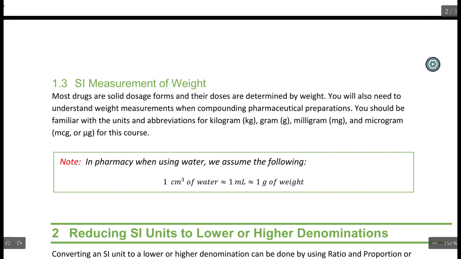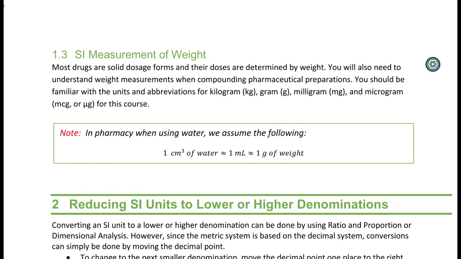So in pharmacy, right, there is one other concept that we are going to use with that mLs and cc's. We are going to say that 1 ml of water, this is only for water, 1 ml of water is approximately equal to 1 cubic centimeter of water, 1 cc, which is also equal to 1 gram in terms of its weight. So it's 1 cc, 1 ml, 1 gram when we talk about water.